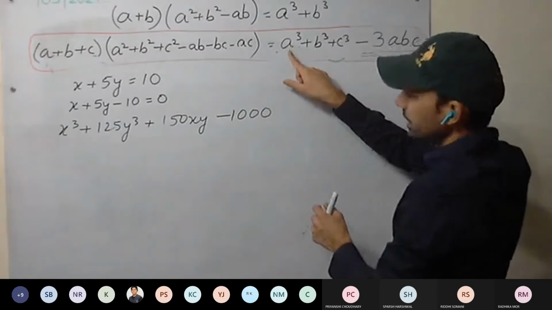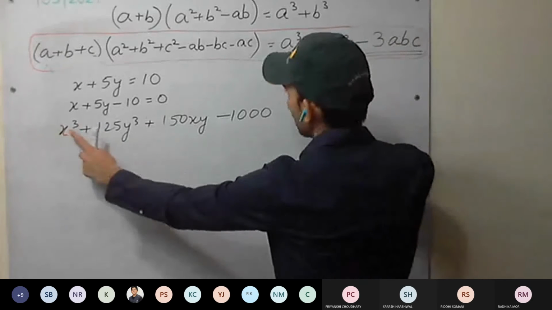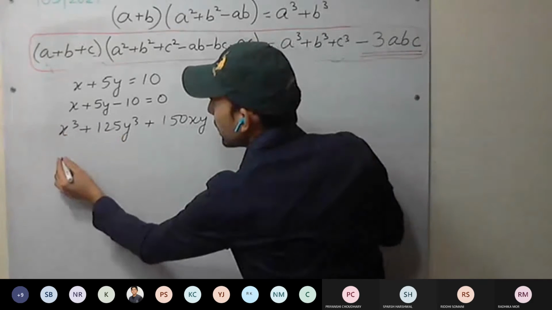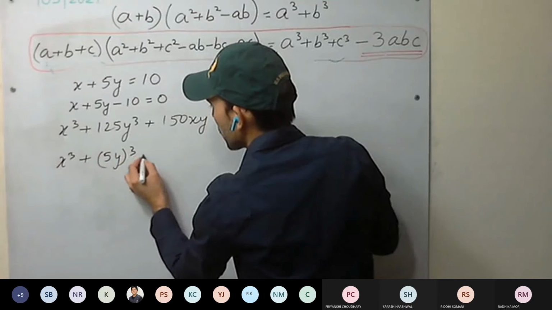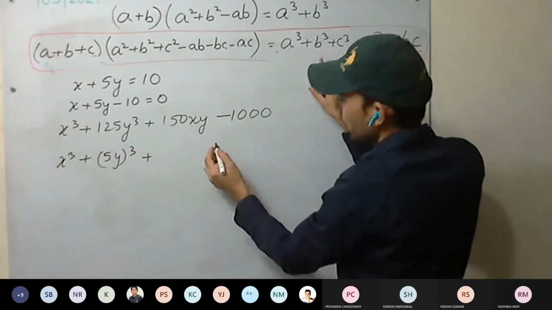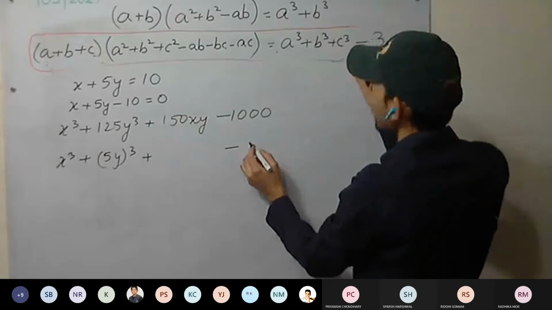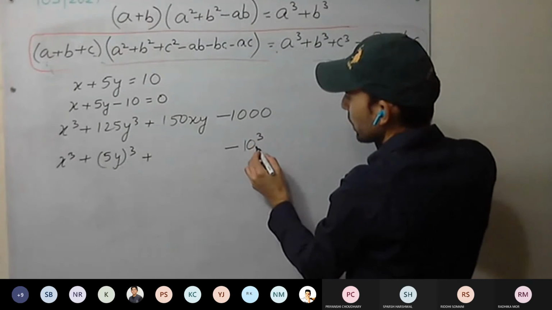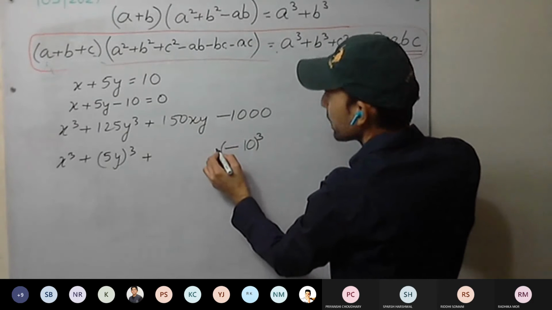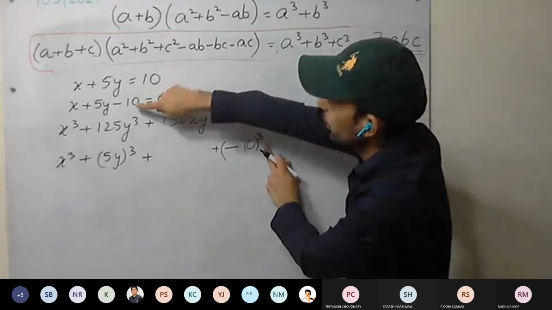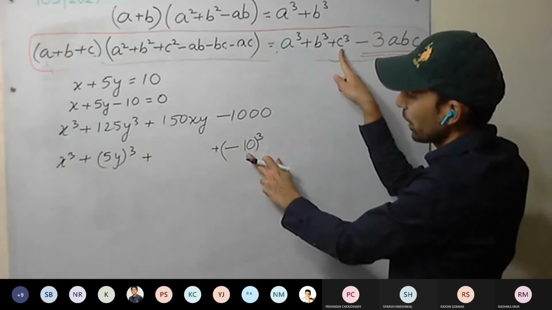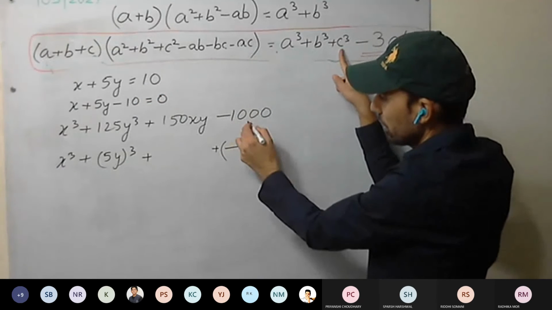On the right hand side, a cube is x cube, b cube is 5y the whole cube, plus minus 10 cube, that is c equal to minus 10 the whole cube. We are getting this one.